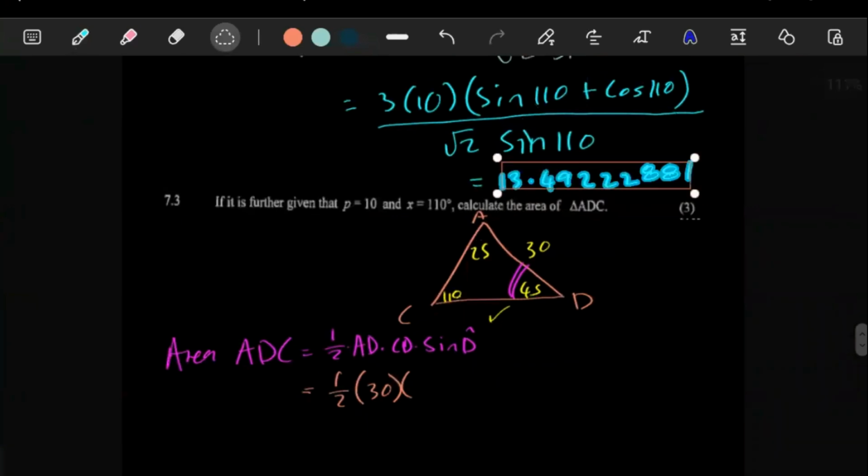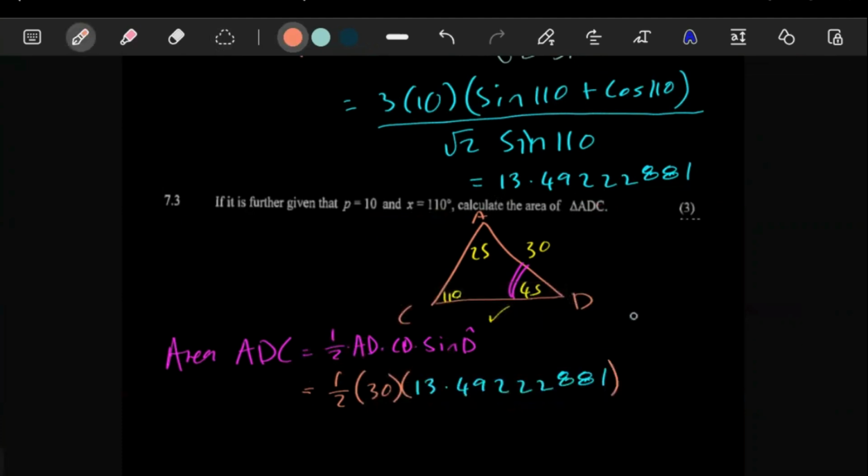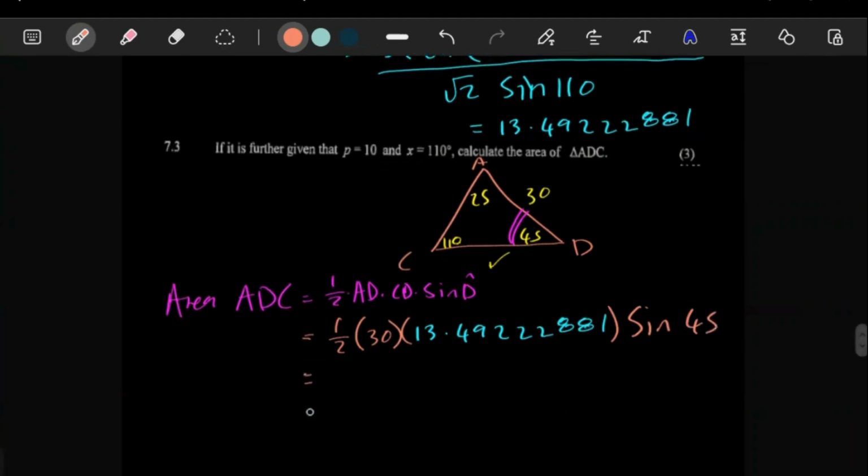Take this value here, copy it, paste it here. Okay, there we go. Close bracket. And then sine D. Where is D? D is 45 here. Okay, let's put all this into the calculator and see what we get.